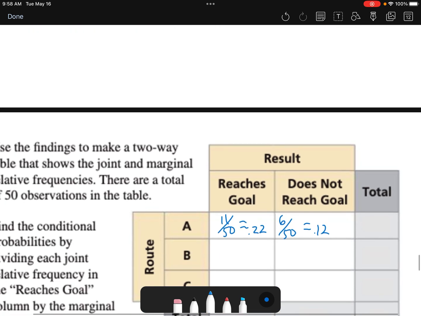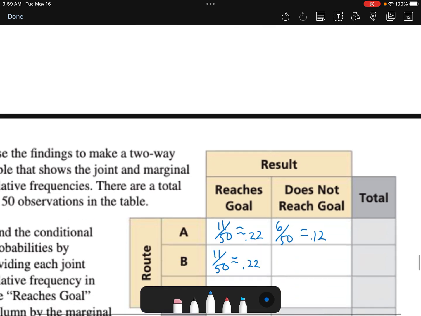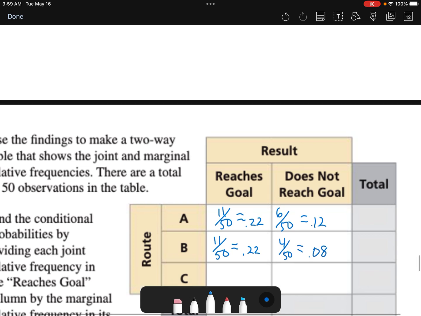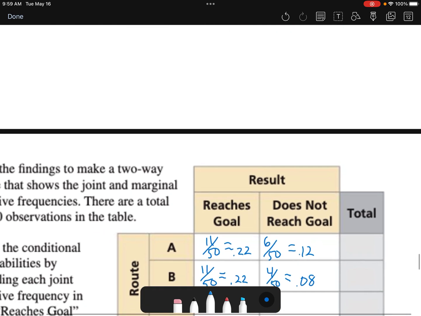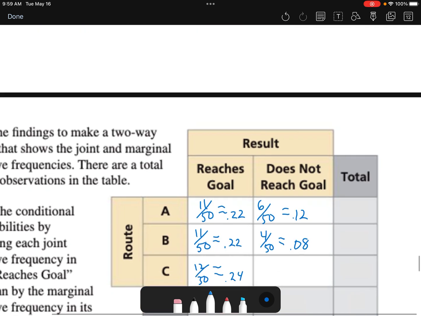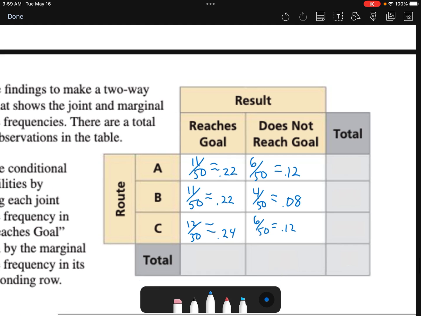So in the route B, it's 11 out of 50. So we all know that's 0.22. But we failed to meet our goal 4 out of 50, which is 0.08. Again, you can check my math. 12 out of 50 on my calculator is 0.24. And 6 out of 50 is still 0.12.